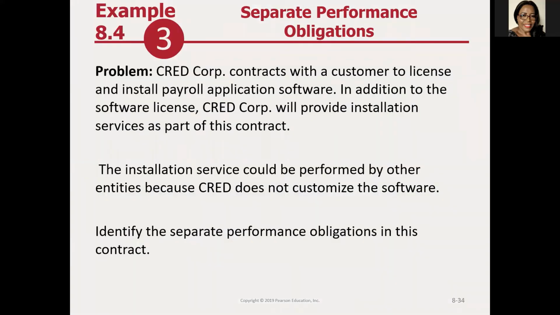Here we have a problem, example 8.4. Cred Corporation contracts with a customer to license and install payroll application software. In addition to the software license, Cred Corporation will provide installation services as a part of this contract.